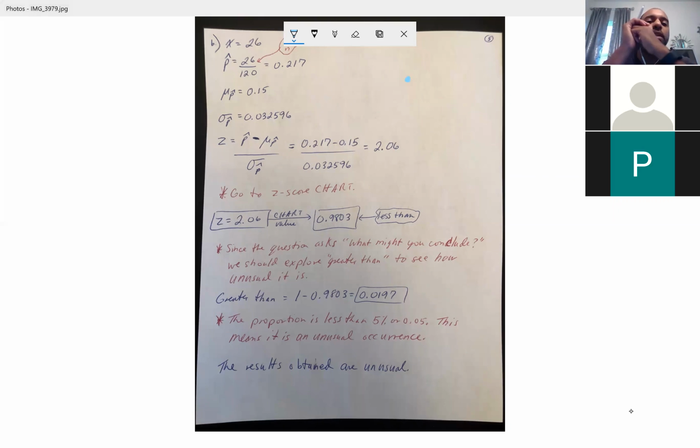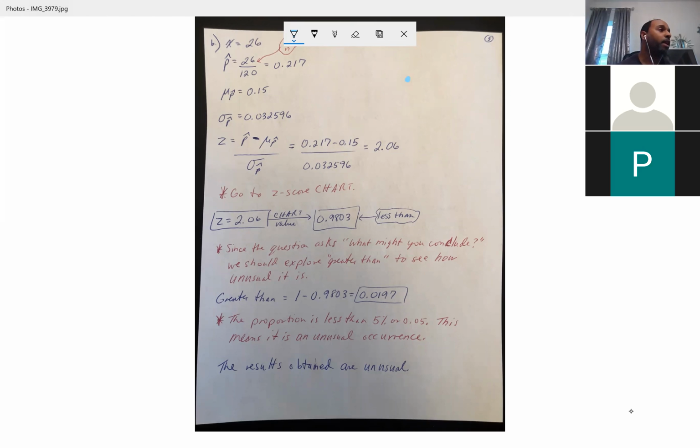So X is 26. 26 people have this characteristic of hearing trouble. If you want to know the sample proportion, you take X and place it over n, that first thing that we did. So that's X over n, 26 over 120. That gives us 0.217 as our sample proportion.